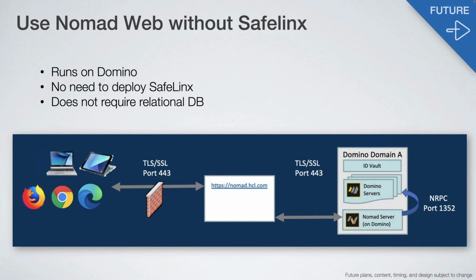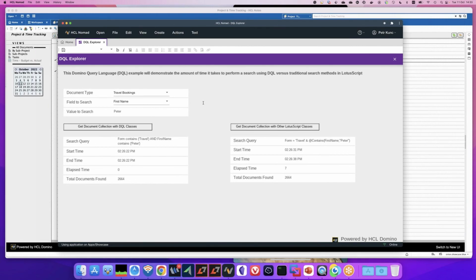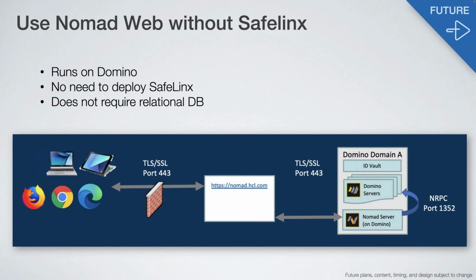It will listen on a specific dedicated port, and you can access Nomad this way. Actually, the one that I showed you is running this way on Domino. It is another feature that was requested by customers and delivered by our product and development team.